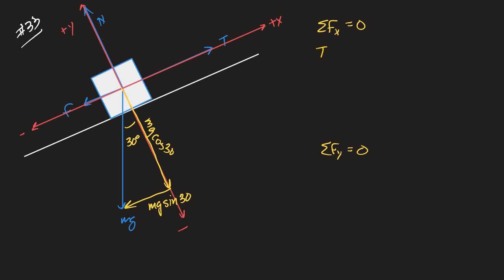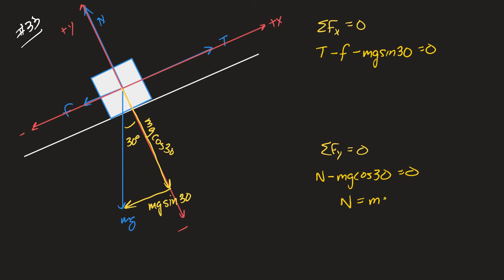In the x direction, I have tension minus friction minus mg sine 30 equals 0. Any question about where any of that came from? All right. Normal minus mg cosine 30 equals 0. Any question where any of those came from? All right.